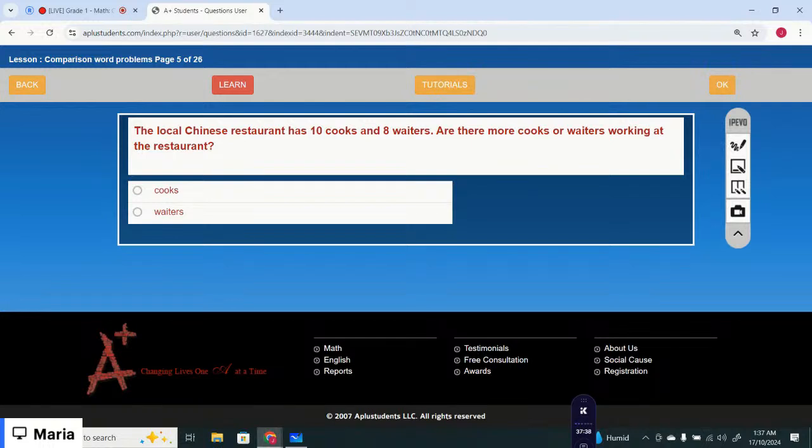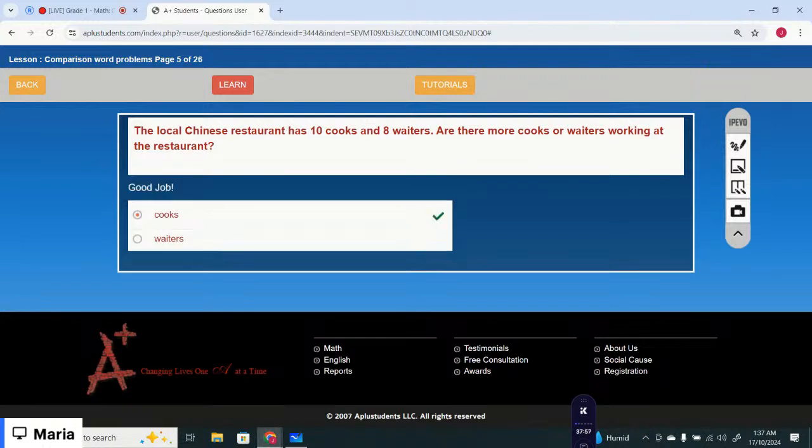So the correct option is, the restaurant has more cooks than waiters. So the correct option is cooks.